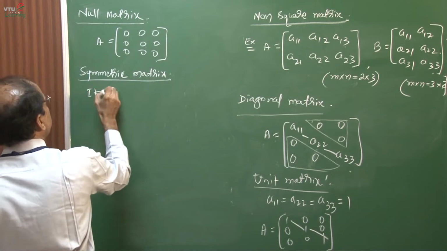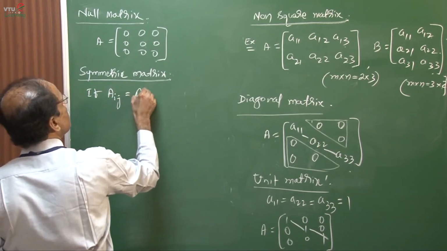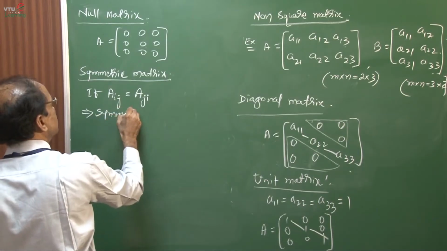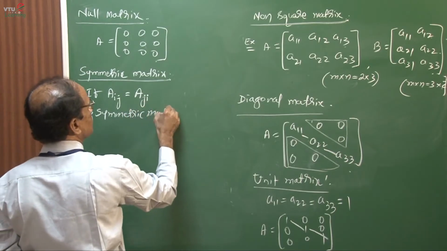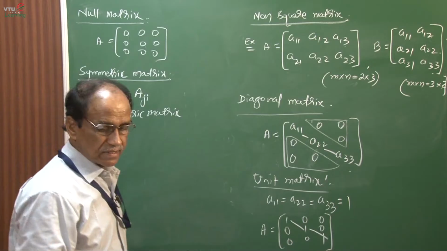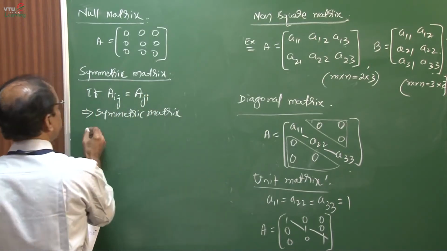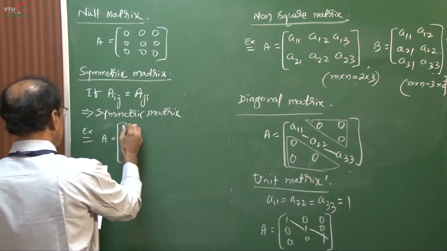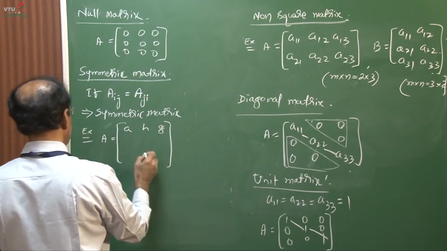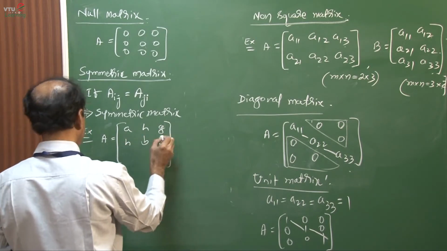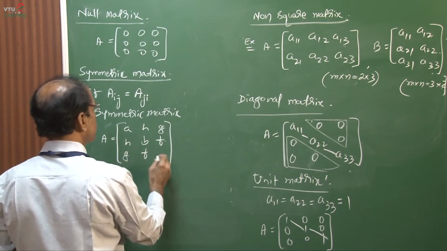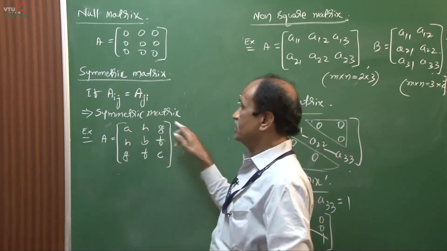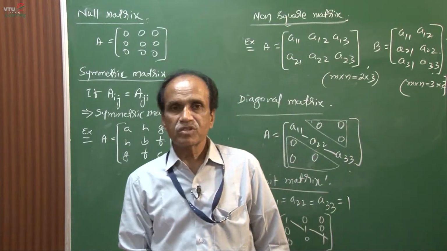That means if Aij is equal to Aji, then it is called symmetric. The example for this symmetric matrix will be taken as A is equal to A H G, some numbers you can also allot, H B F, then G F C. Here what we are going to do with respect to this symmetric matrix, rows and columns will be interchanged.